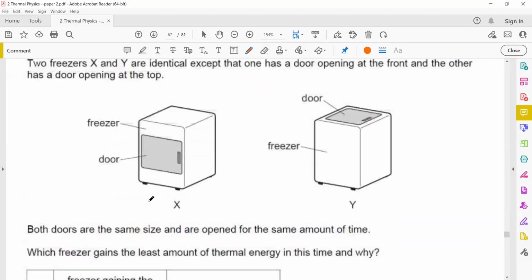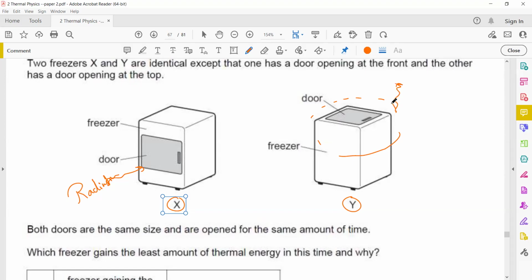Look at the two freezers, X and Y. The door at the front receives heat from the surroundings by radiation. So it receives more thermal energy than freezer Y, because freezer Y cannot receive as much thermal energy: if the air around the freezer is hot air, it will rise up and will not fall down into the freezer.